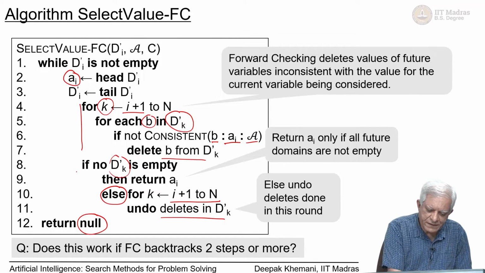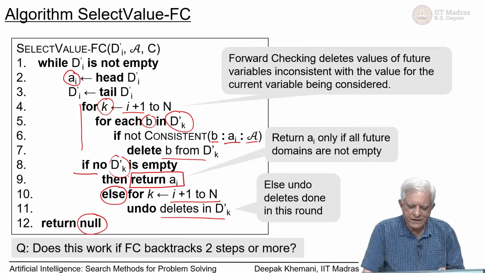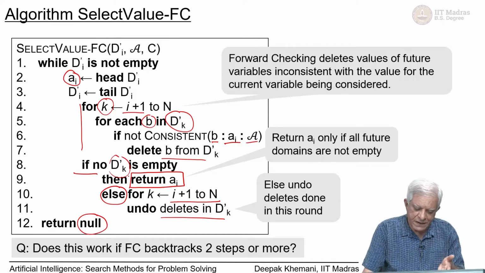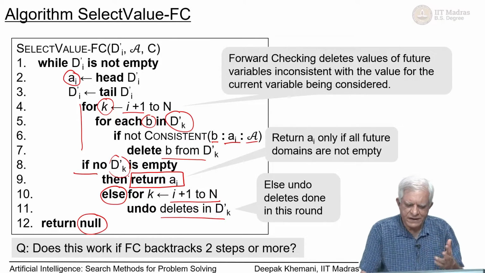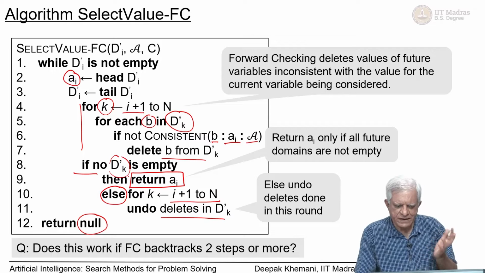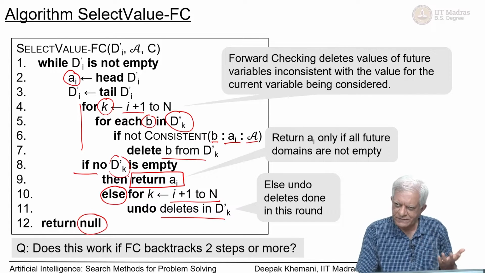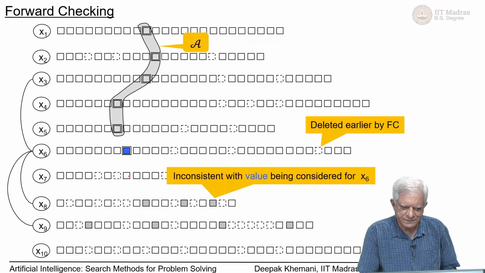If no domain had become empty, then this is the other return statement in the algorithm which would return the ith value. But if some domain became empty, then you would return null, and the algorithm will have to backtrack to I minus first variable and look for another value, which is like what backtracking also does.